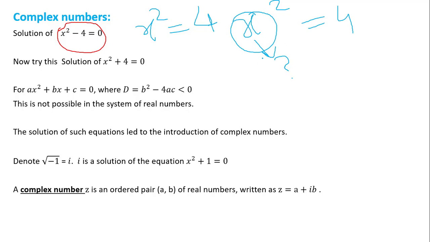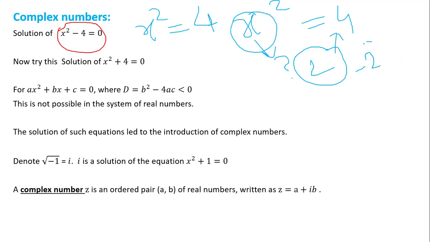So think for some time, is there any real number, any number which you know that after squaring you will get 4? Yes, 2 is there. If I square 2, I will get 4. Is there any other number? Yes, we have. Minus 2 is again there.